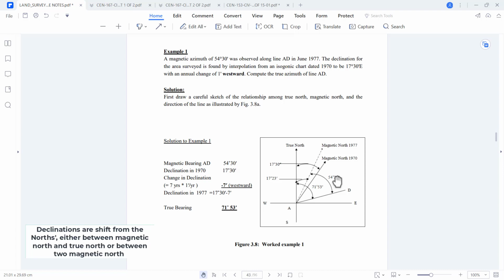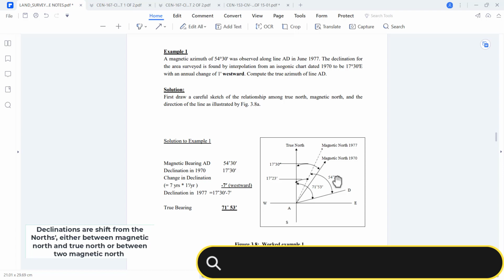So now we want to compute the true azimuth of the line AD. They give us the actual magnetic bearing from 1977 to AD to be 54 degrees 30 minutes. They're also giving us the declination from 1970 to be 17 degrees 30 minutes.